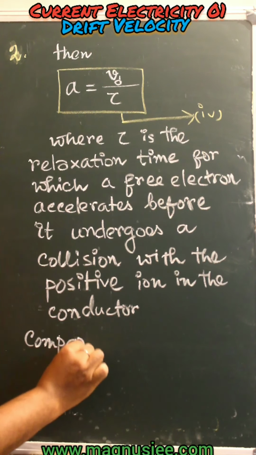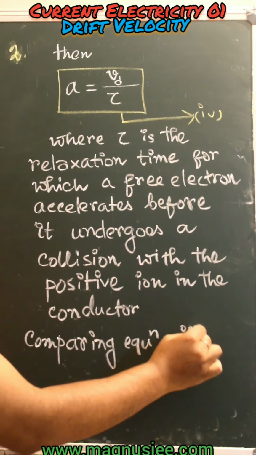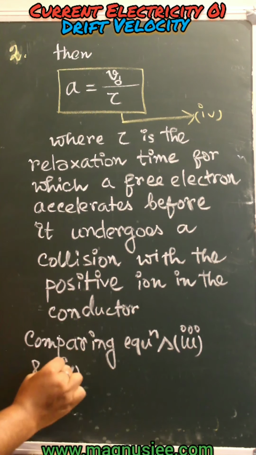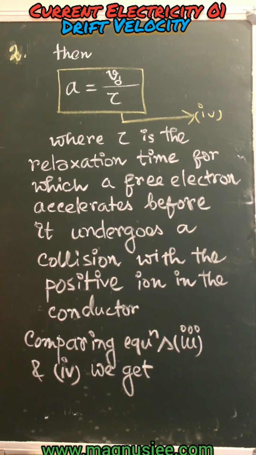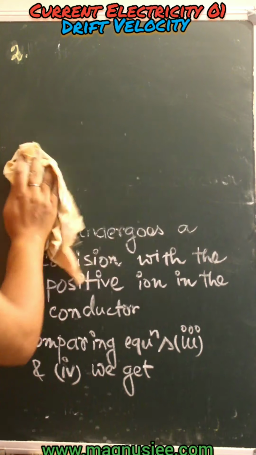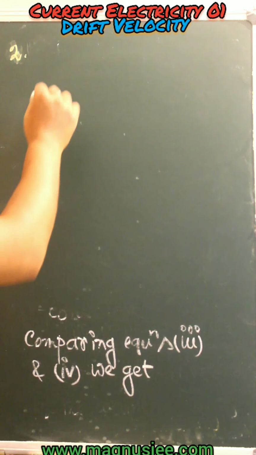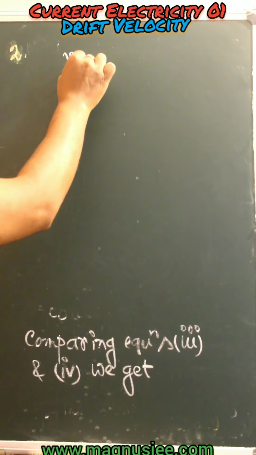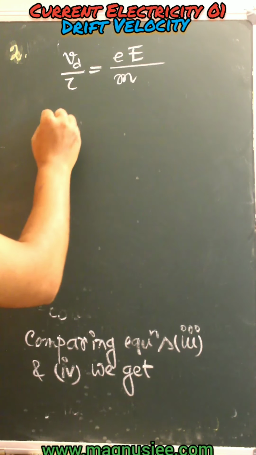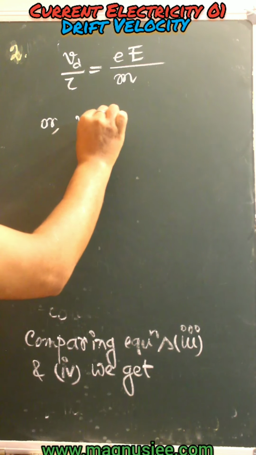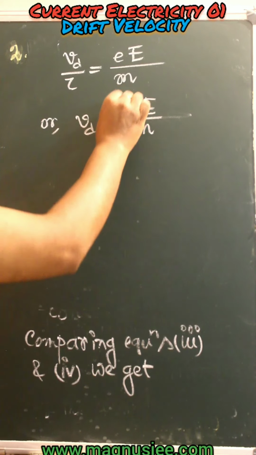Comparing equation 3 and 4, we get Vd by tau equal to eE by m, small e, capital E divided by m, or Vd equals (eE by m) into tau.